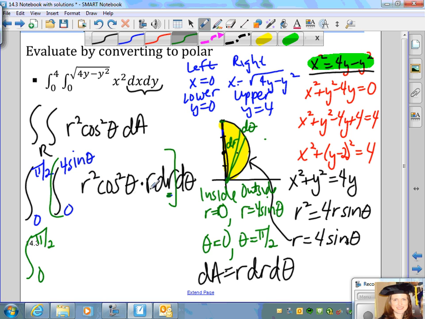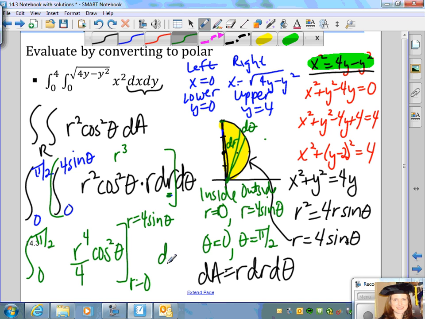Well, r squared and r, when you multiply them together, is r cubed. And when you take the antiderivative of r cubed, that's going to be r to the 4th over 4, times what we're treating as a constant here, cosine squared theta. And we're evaluating this at r equals our lower bound of 0 and r equals our upper bound of 4 sine theta. And then finally d theta.